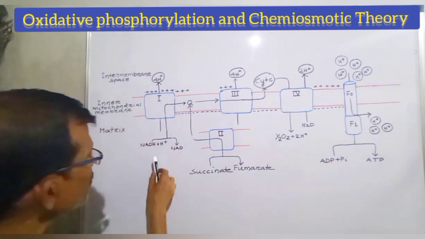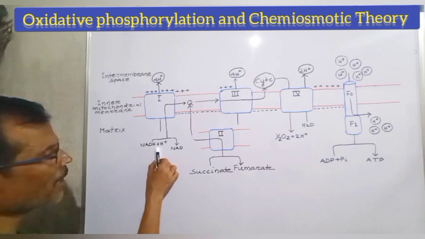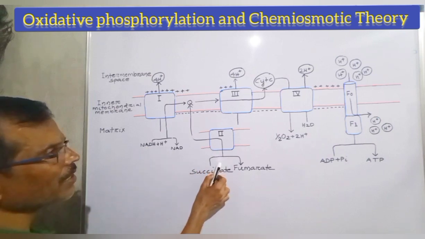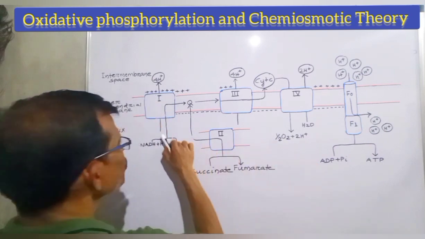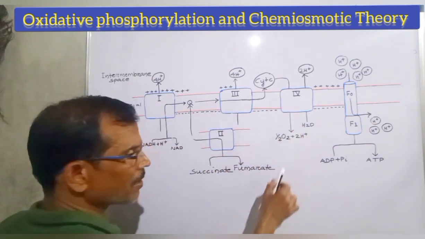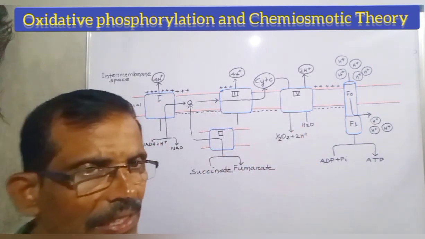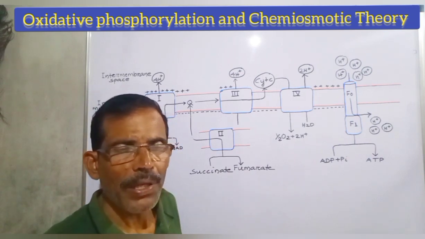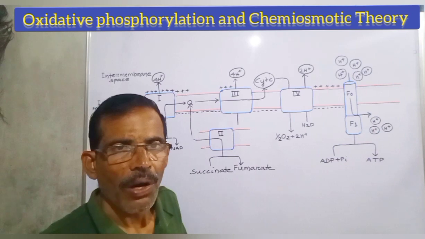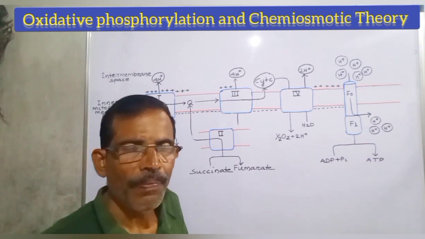So during the transfer of electrons from NADH and FADH2 to molecular oxygen through this series of electron carriers, free energy is released that drives the synthesis of ATP in a process called oxidative phosphorylation.